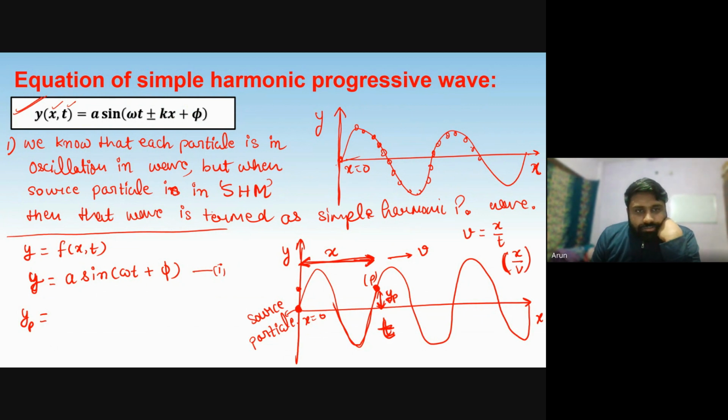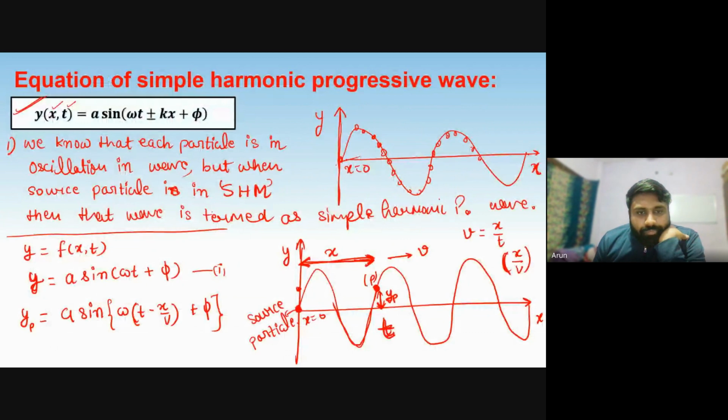In the same way, if you put a sine omega into t minus x by v, this is the equation of displacement at particle P, which was at origin t minus x by v time before, plus phi. Okay.